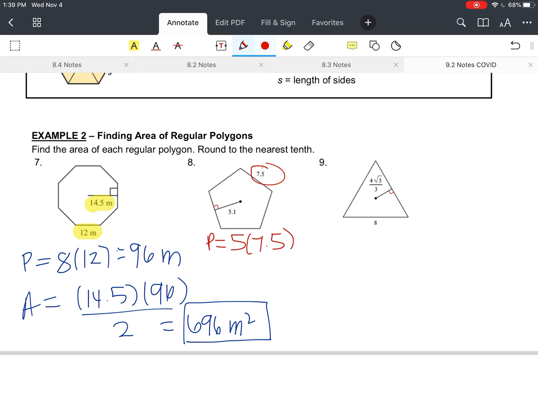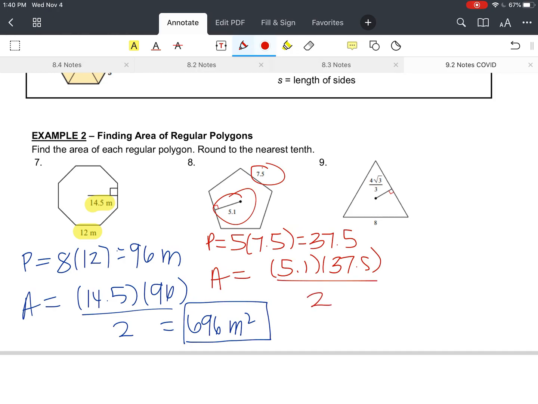For number 8, my side length is 7.5, and this is a pentagon because there are 5 sides. So 5 times 7.5 will tell me what my perimeter is. 5 times 7.5 is 37.5. So my area is 1/2 times apothem, which is 5.1, times my perimeter, which is 37.5, divided by 2.